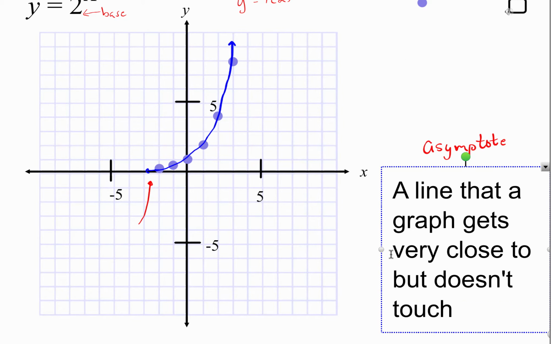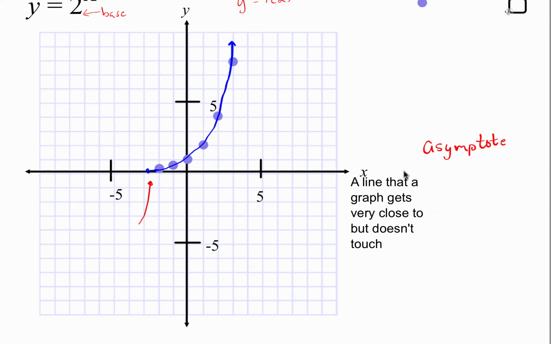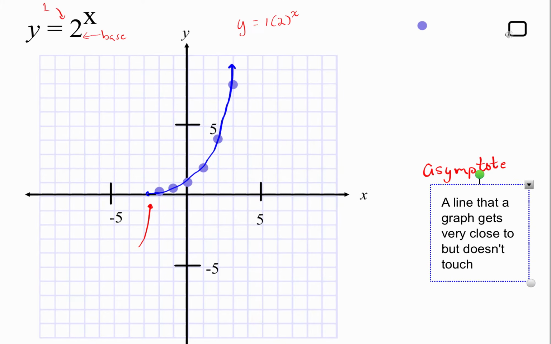So in this case, the asymptote here is the line y equals 0. That's the equation for the x-axis, and this exponential graph will never touch the asymptote y equals 0.